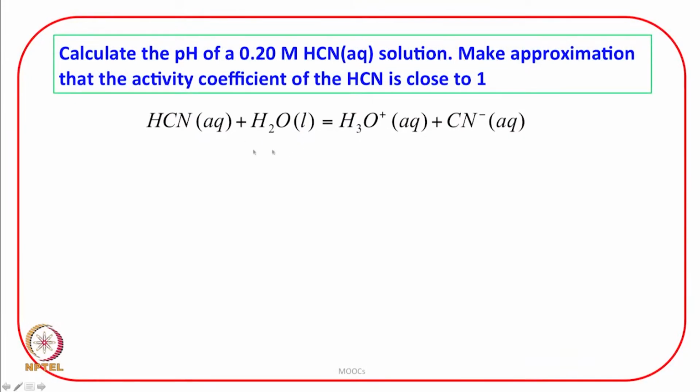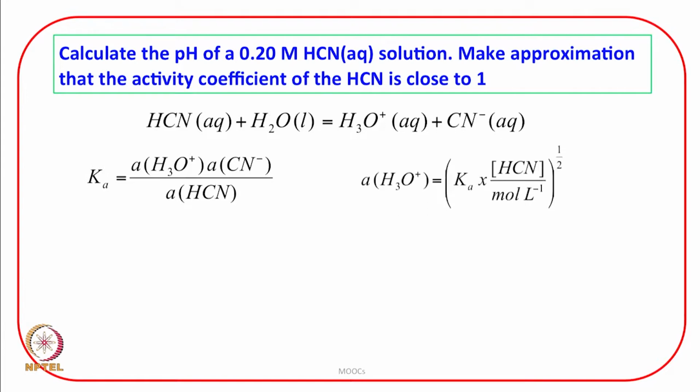We were talking about this equilibrium in aqueous solution, HCN plus water forming H3O plus CN minus, all in aqueous media. And we also wrote the expression for Ka, and we came up with this expression, that activity of H3O plus is equal to the acidity constant into concentration of HCN, of course, in mole per liter, raised to the power 1/2.